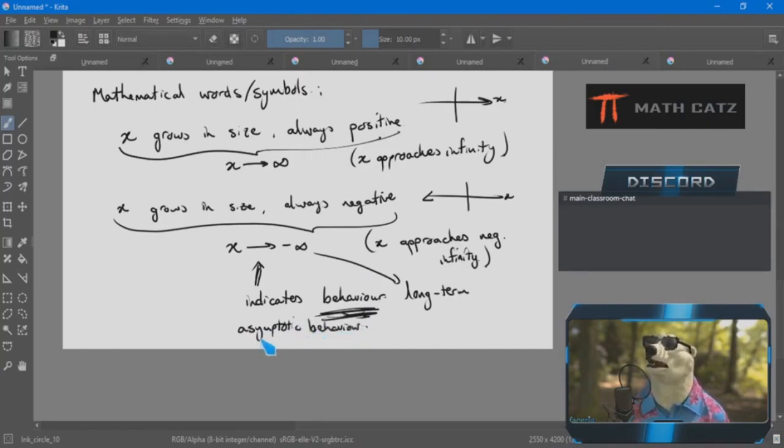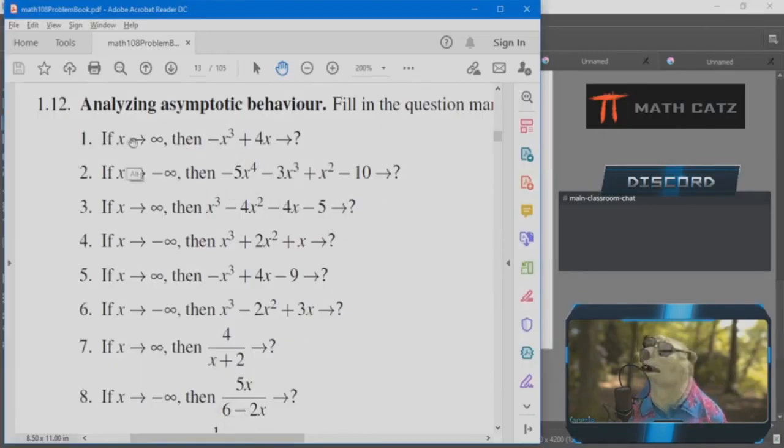And we'll elaborate on that word a little bit more. Right now, all we're meaning is long-term behavior. And you see here, I have a function. We're doing number 3. If x approaches infinity, meaning x grows in size indefinitely, forever, what is happening to this function? It's a polynomial, so let's write that down.